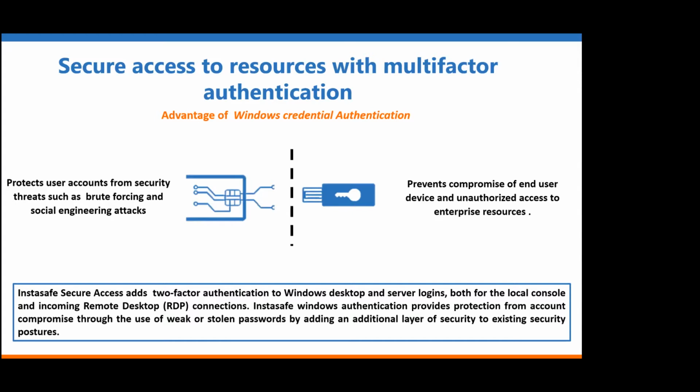Even when a password is compromised, the end user still has to go through another layer of dynamic verification, and thus, by adding an additional layer of security to the existing security rules, the overall security posture of the device can be enhanced.